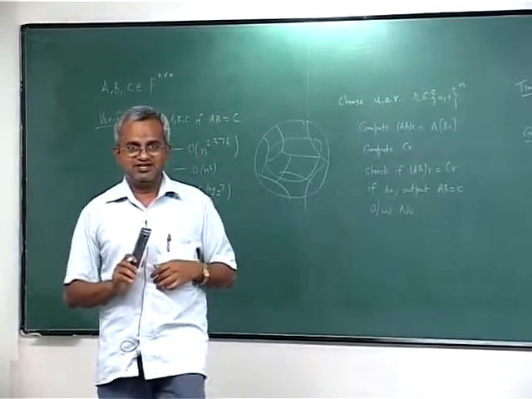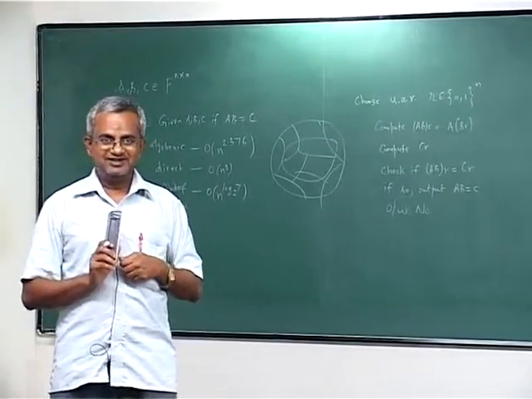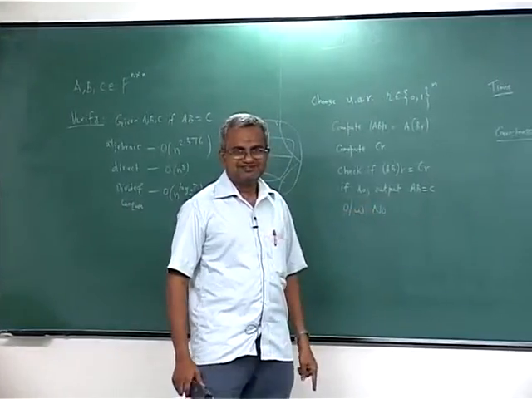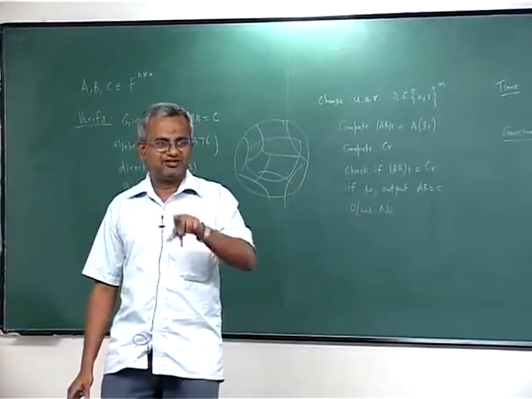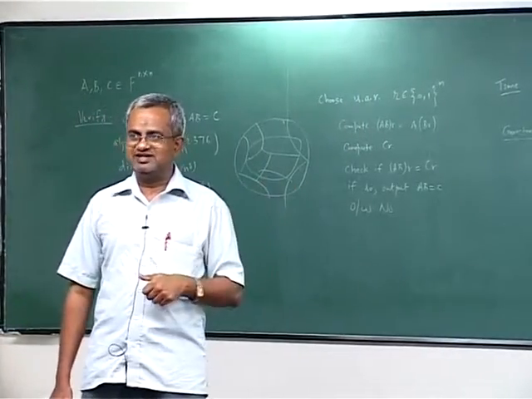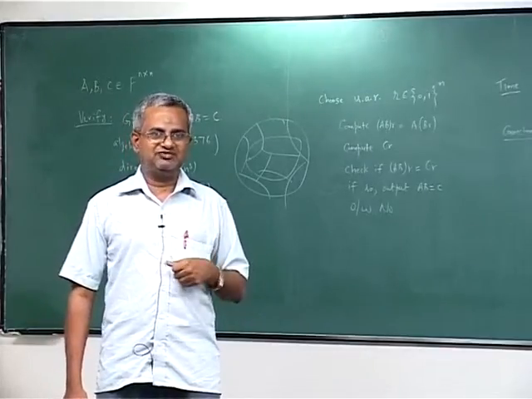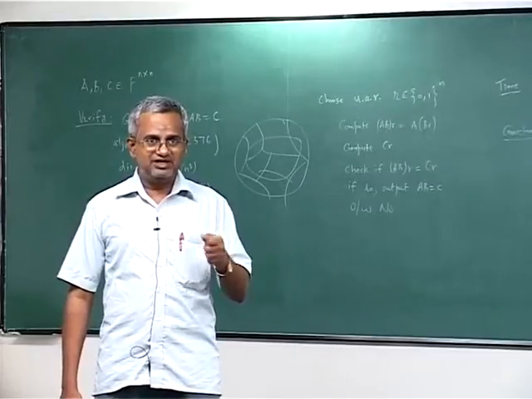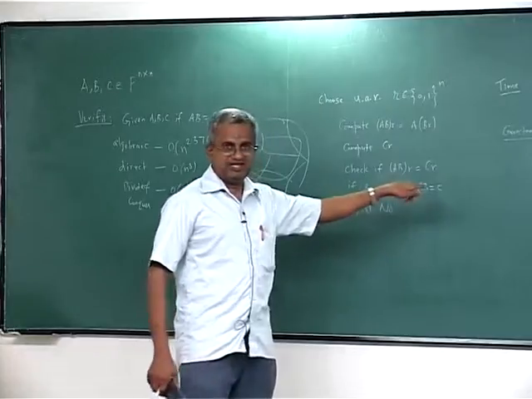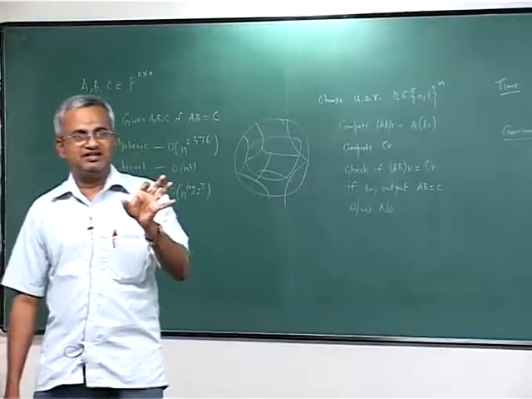But that is as far as, if you look at it from that side. If you look at it from this side, as someone who applies this algorithm and gets the answer, it is the other way. So what happens is, if the algorithm gives the answer no, then he can infer that AB is not equal to C. If AB equals C, the algorithm will never give the answer no. But if the algorithm gives AB equals C as the output, then there is a possibility that the answer is wrong.